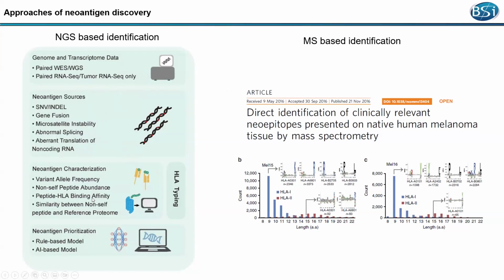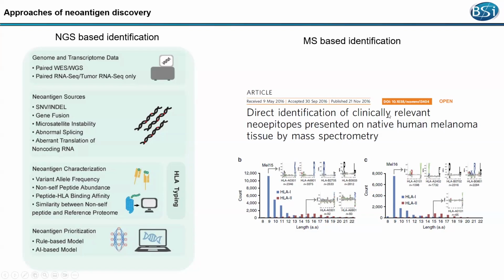The next step involves the prediction of which of these peptides are likely to bind to specific MHC molecules. After the prediction, the peptides are ranked and prioritized based on their likelihood of being presented to the cell surface and recognized by the immune system. The mass spectrometry-based identification of new antigens is a more direct experimental approach.